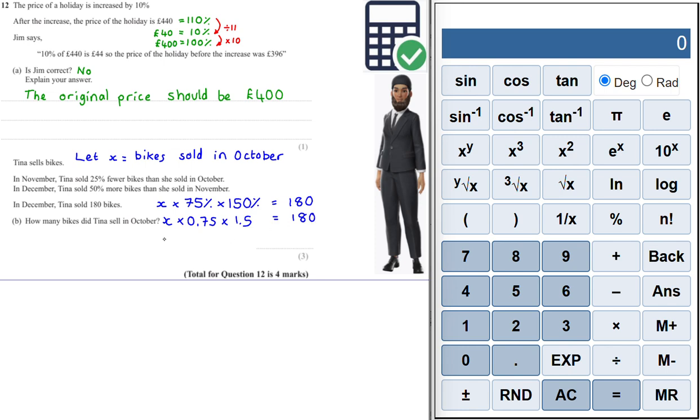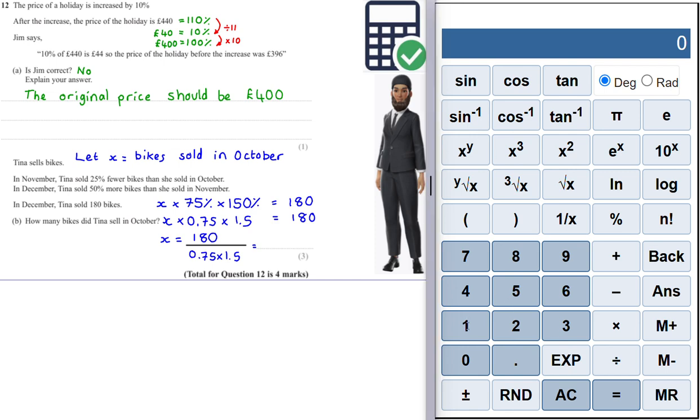And then finally, to work out how many we sold in October, we need to divide through by this element over here, which is 180 divided by 0.75 multiplied by 1.5. Let's type it into our calculator.